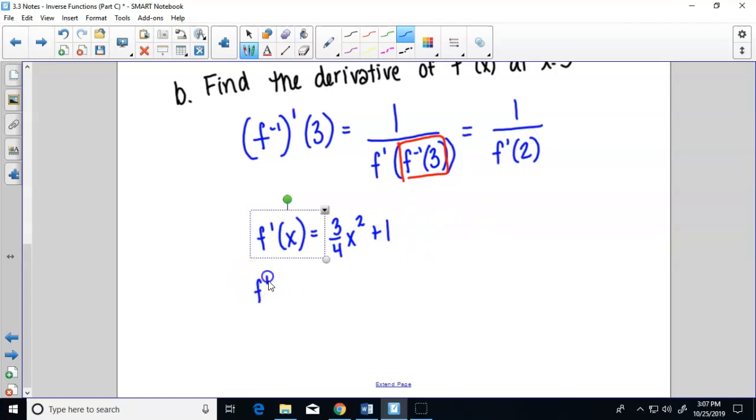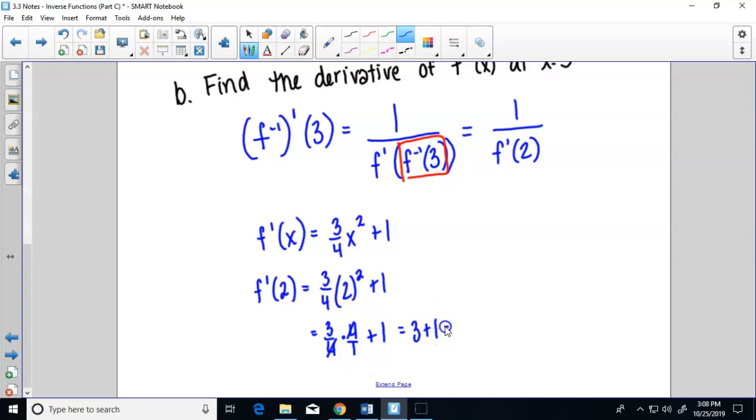So f prime of 2 would be 3/4 times 2 squared plus 1. And so that is 3/4 times 4 over 1, plus 1. The 4's cancel, so you just get 3 plus 1, which is 4. So f prime of 2 is 4, so 1/4 is our answer for that problem.